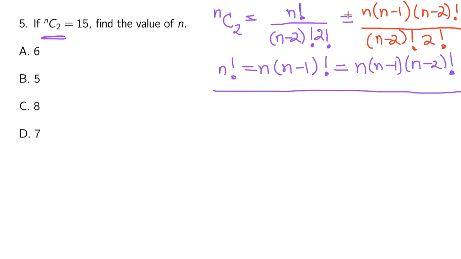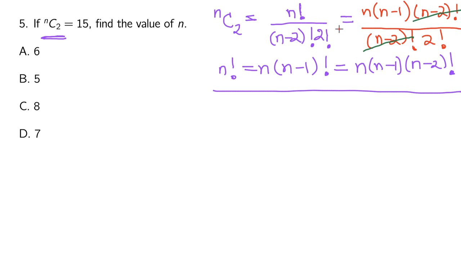And now you have to simplify this new expression. But you can see right here that you can cancel out, because you have n minus 2 factorial in the numerator and n minus 2 factorial in the denominator. So you can cancel them out, and then you're left with n times n minus 1 over 2 factorial.